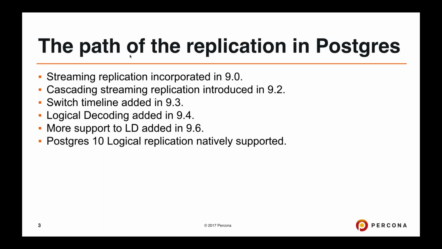Before we talk about logical replication, we need to understand how we reached this step from previous Postgres versions. Replication was added as streaming replication in 9.0 and has been improved in subsequent releases. Streaming replication is basically how you do mirroring between a master and a slave, and we are going to talk about it more in depth in the next slides.